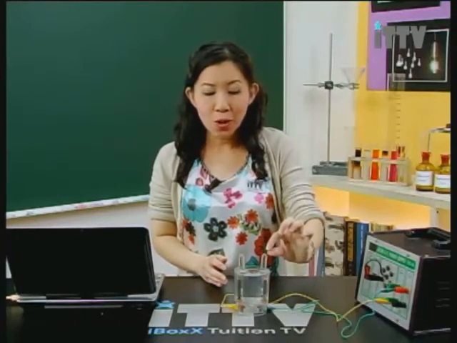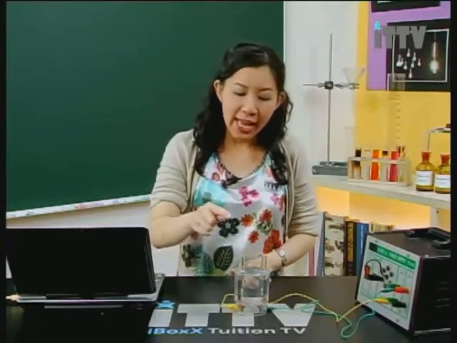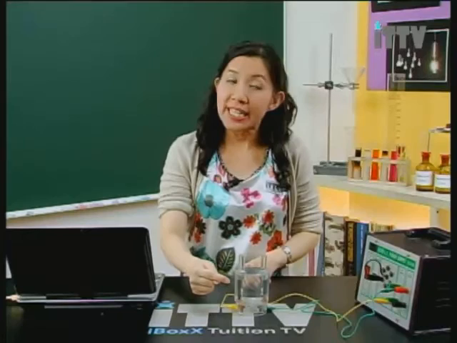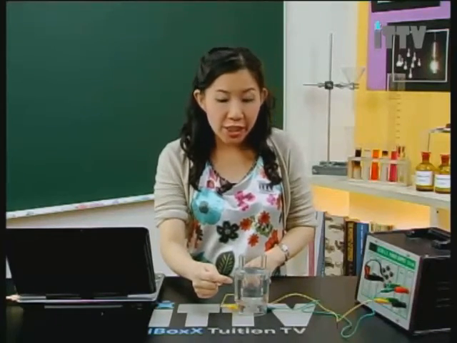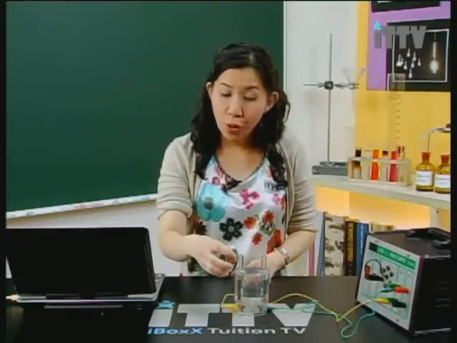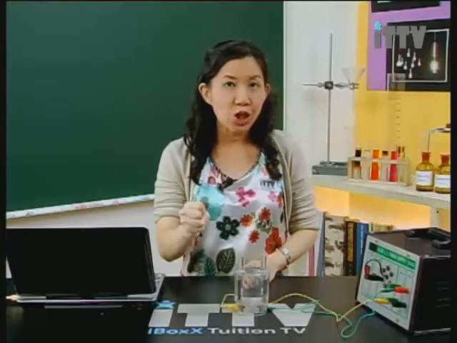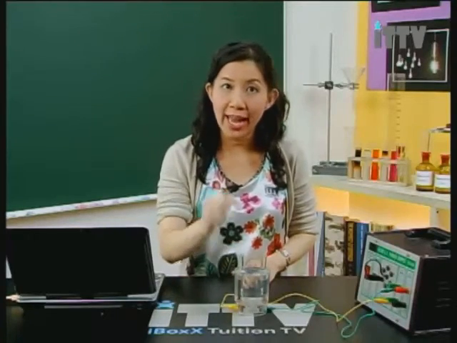So this is the small amount of oxygen collected after the experiment, and this electrode here would be the cathode, whereby reduction has occurred. There were a lot of gas bubbles formed here because hydrogen ions were selectively discharged to produce hydrogen gas.